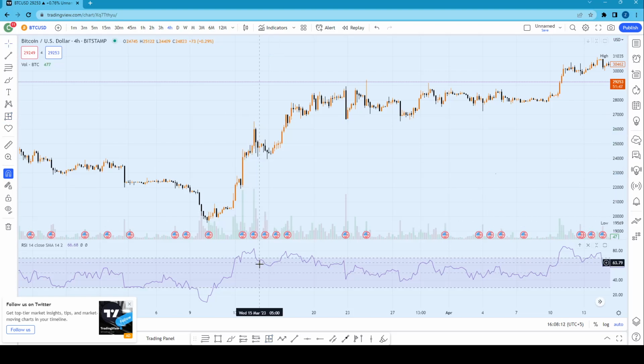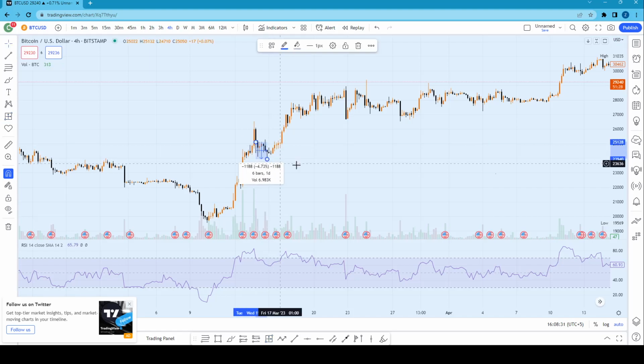What I'm saying is, you don't just sell here or short here; you wait for it to come back below the 70 band again. This is where it comes back below 70, and you can see how quickly it gave you a 4 or 5% move.